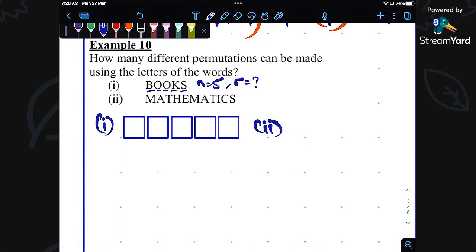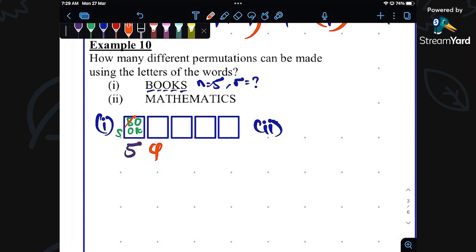But let's learn first. In the first digit here, it could be B or O or O, K or S. So 5 letters can be at the first digit. So 5 there, and then if you cut one of it, 4 are left.